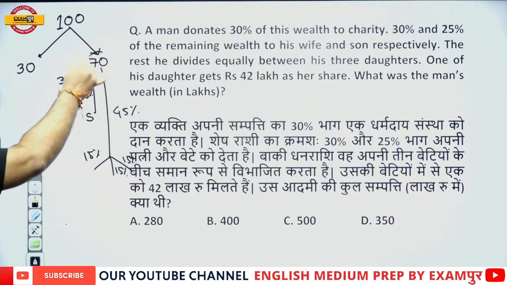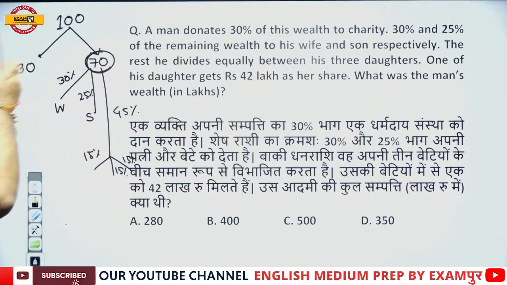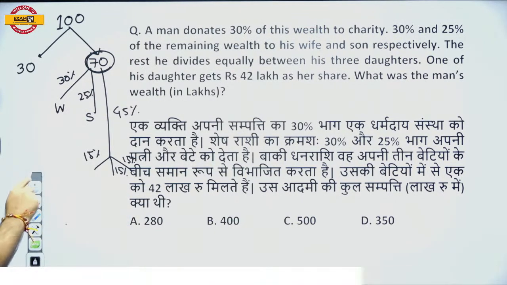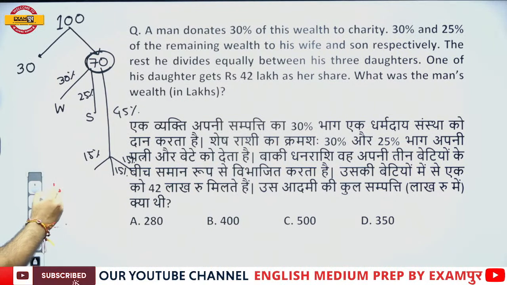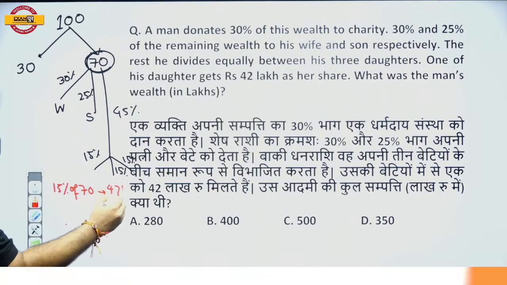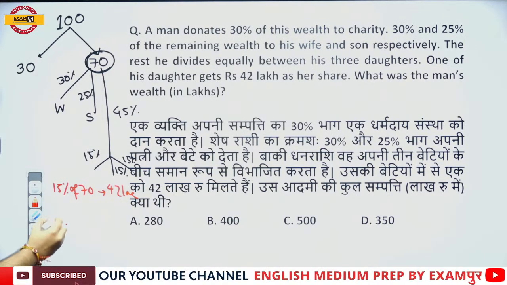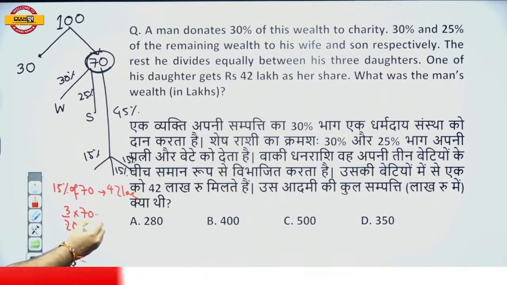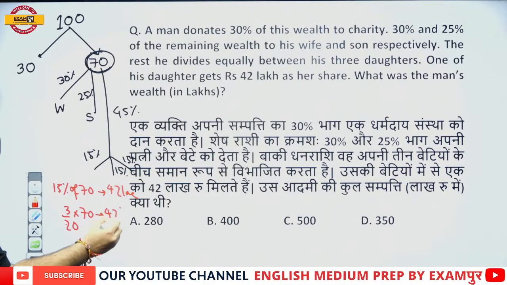15% of what? 70. That is the share of the daughter. So 15% of 70 is given as 42 lakh. 15% is 3 by 20, so 3 by 20 of 70 is 42 lakh. 21 will simplify 2 times.